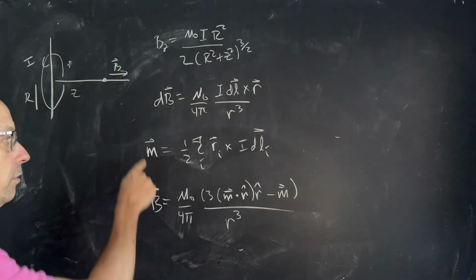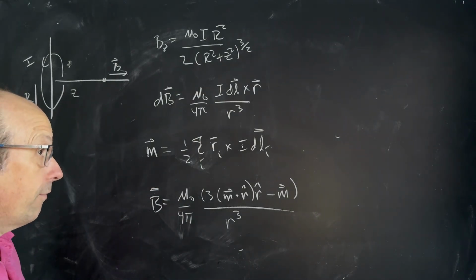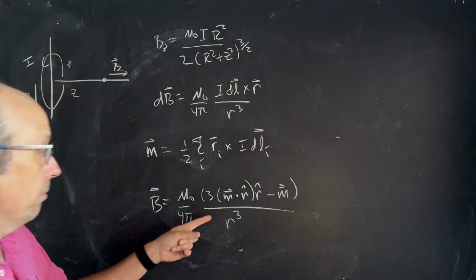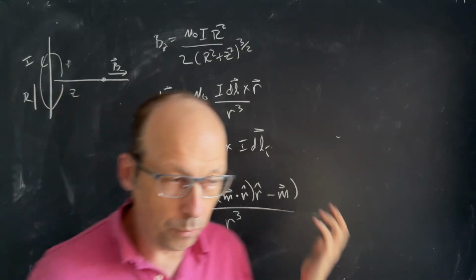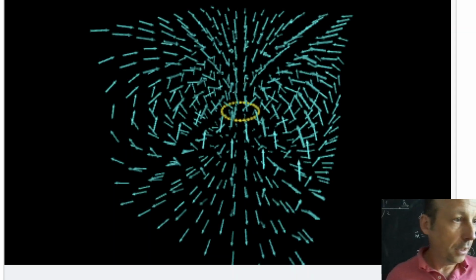So number one, calculate the dipole moment. Number two, use this to plot the magnetic field at all the locations and see how they compare. This way we don't have to do a loop around the whole thing. So let's go calculate the dipole moment.